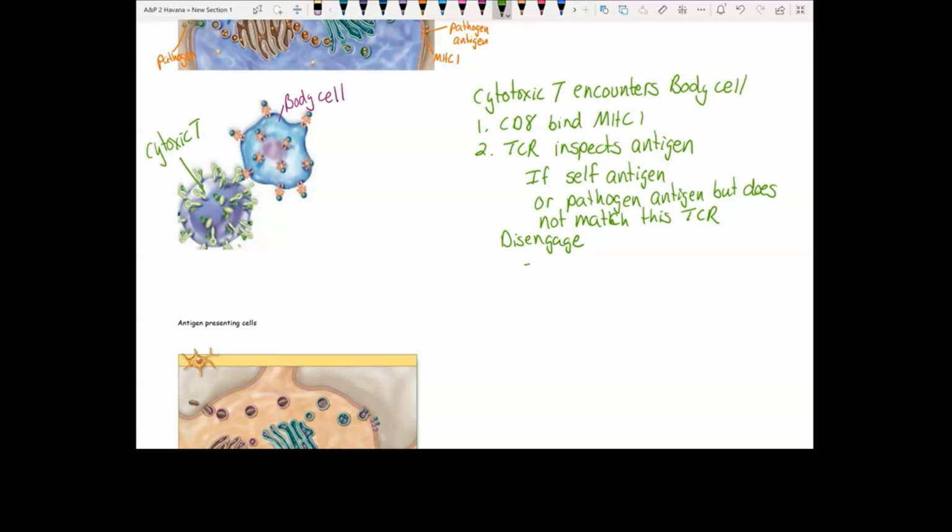Okay, but if it is pathogen antigen on that MHC, and it does fit, and they fit together like puzzle pieces, if the pathogen antigen on the MHC fits the TCR on this cytotoxic T, then you activate that cytotoxic T.